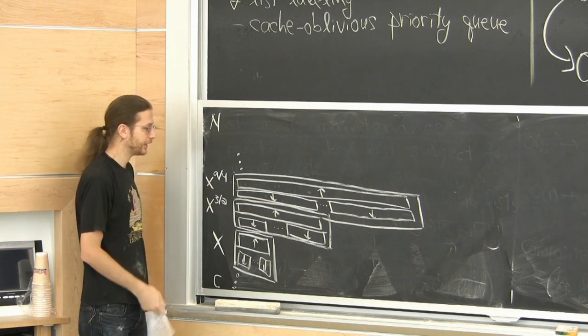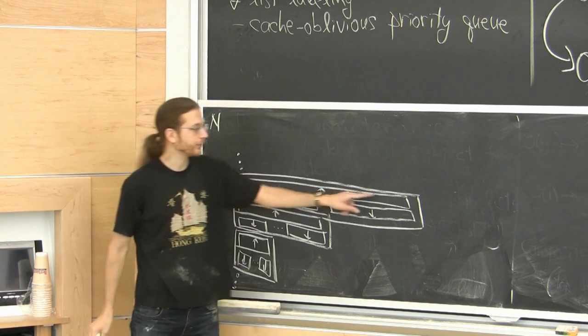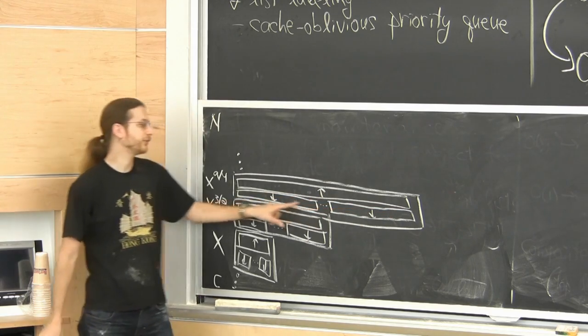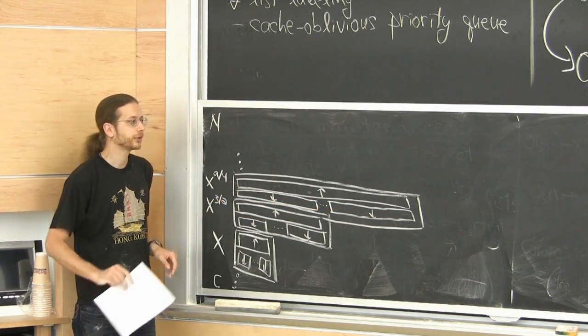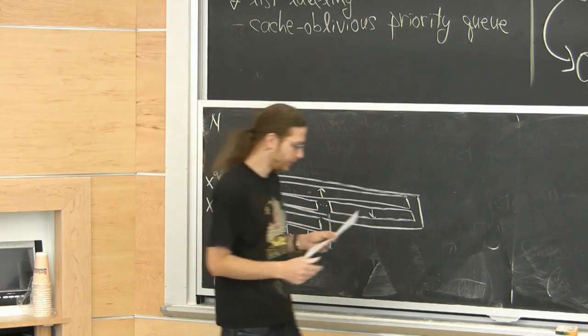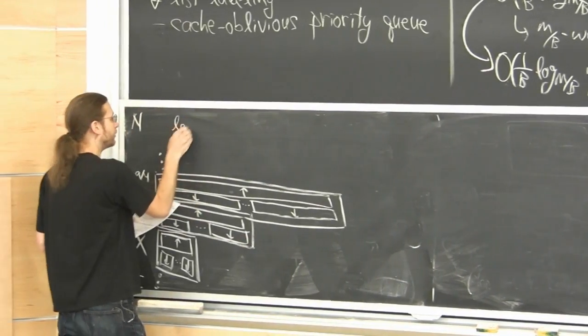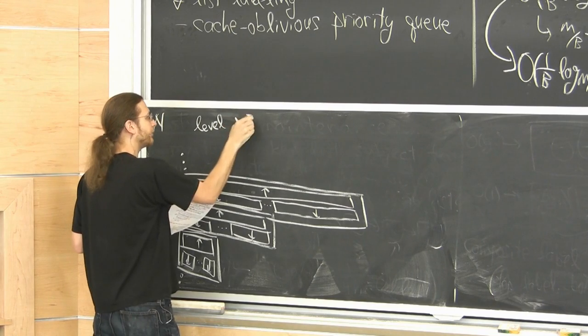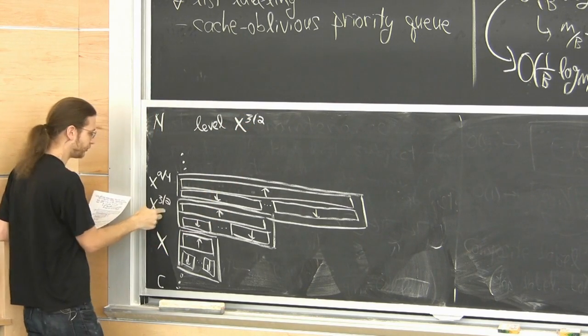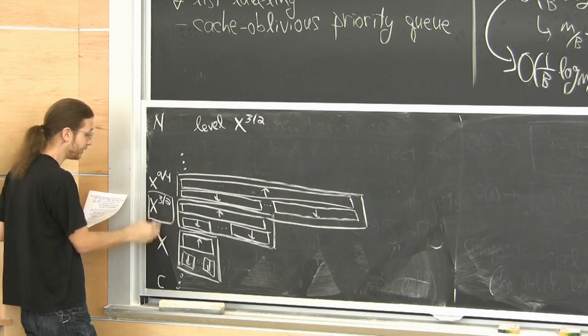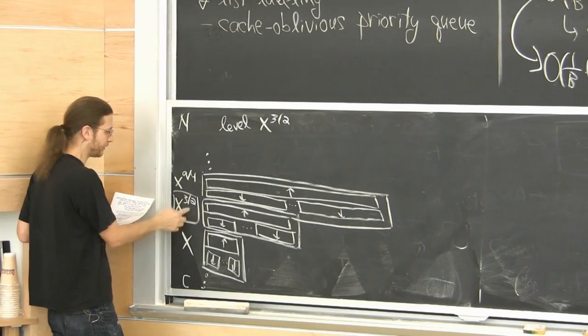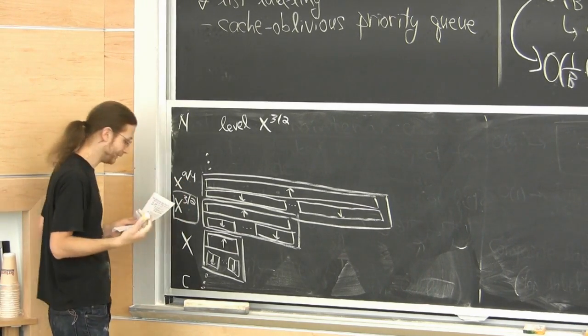buffers. Okay, and as you see, the size of the top buffer is equal to the sum of the sizes of the bottom buffers. So let me elaborate on how this works. So level x to the 3/2. We're going to generically be looking at x to the 3/2. So I can easily go down, that's of size x, and up is x to the 9/4.